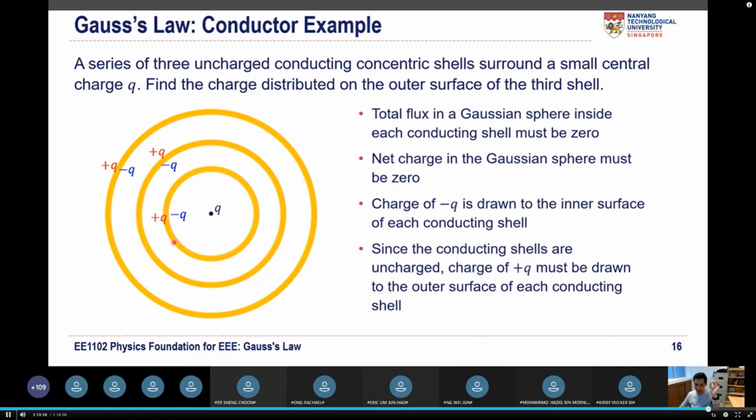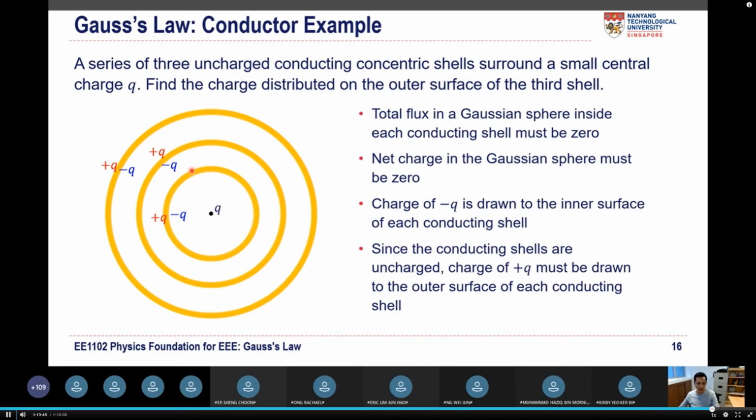That means the net charge enclosed has to be 0. So if the central charge is positive Q, the inner surface of this shell has to draw minus Q.